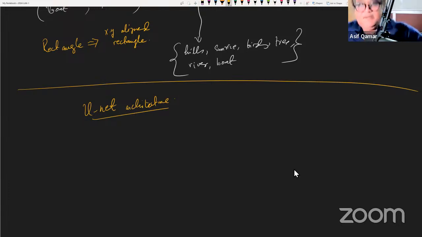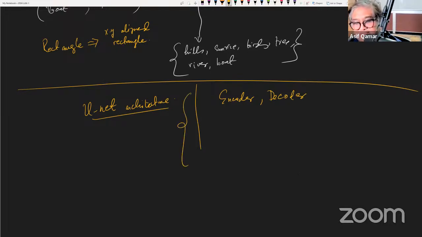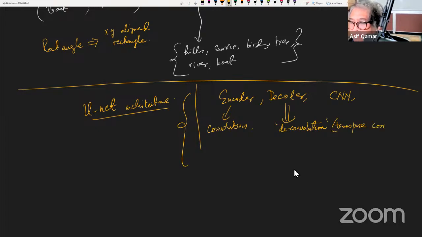So I'll step back. Before we understand UNet, we need to do encoder, decoder. The building blocks of a UNet are encoder, decoder. It uses CNN. So the pieces are: the encoder uses convolution. The decoder uses what is colloquially called deconvolution, but logically it is actually transpose convolution.